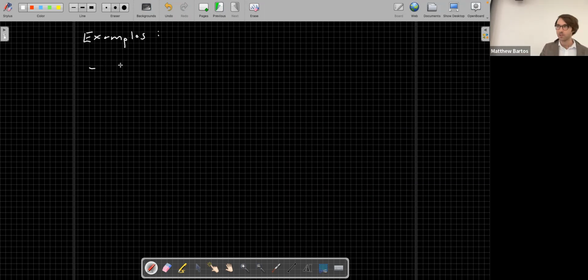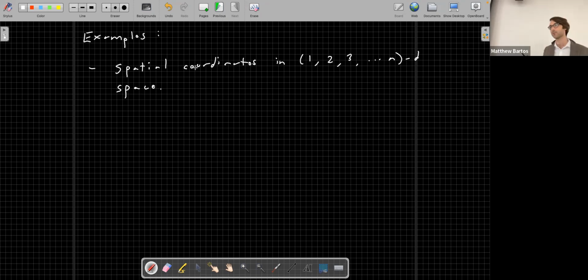So one of the most common uses for vectors would be spatial coordinates, and this can be in 1, 2, 3, all the way through n-dimensional space. Very good. What are some other examples of what we can use vectors for? Sorry, can you say that again? Settling velocities.